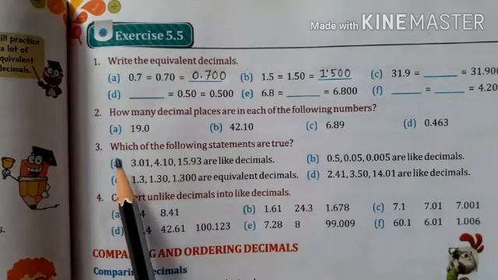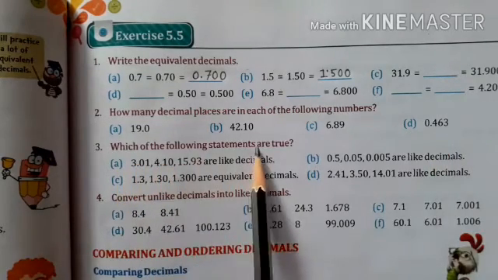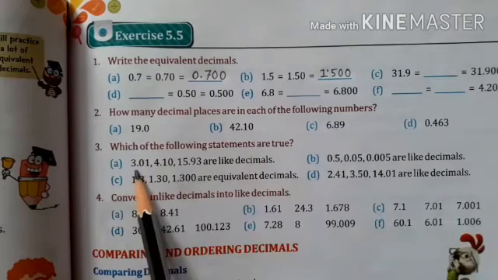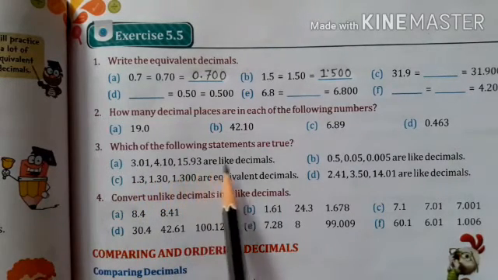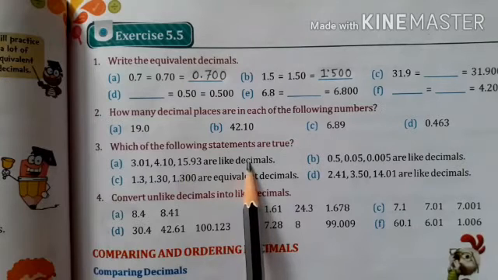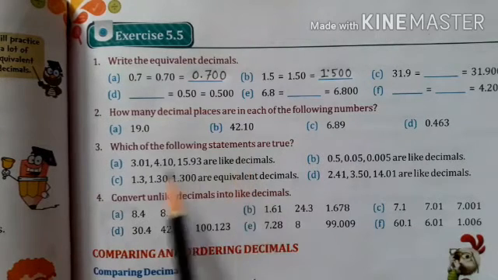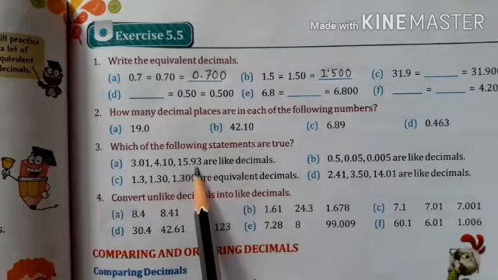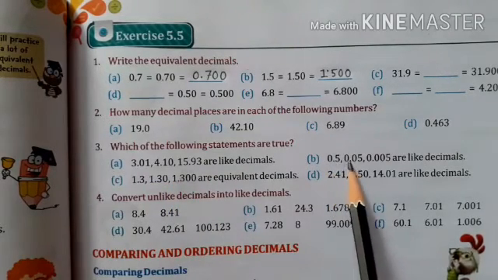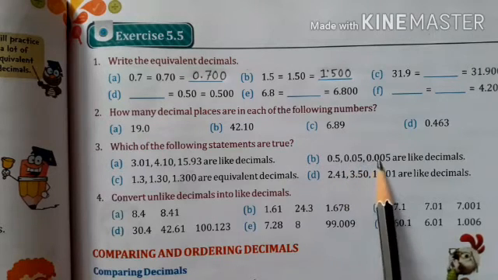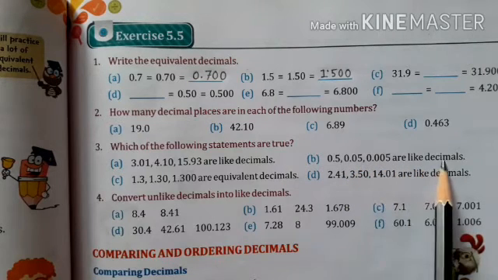okay? Next, which of the following statements are true? 3.01, 4.10, 15.93 are like decimals. This statement is true because these decimals have 2 decimal places. Now look at here, 0.5, 0.05, 0.005 are like decimals.